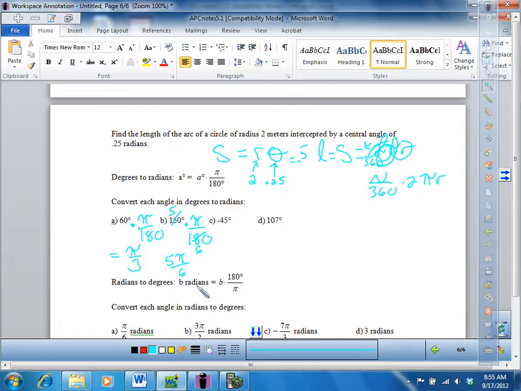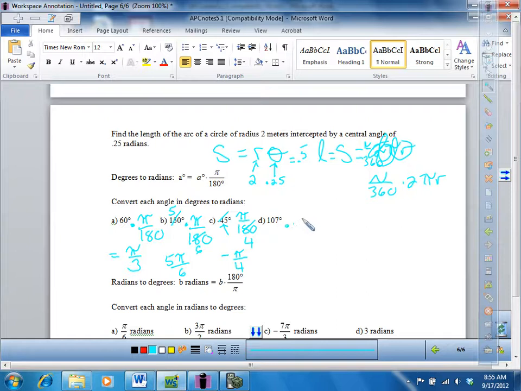See that? Okay? With this one, pi over 180, how many times does 45 go into 180? 4. So this would be negative pi over 4. Yes? Okay?